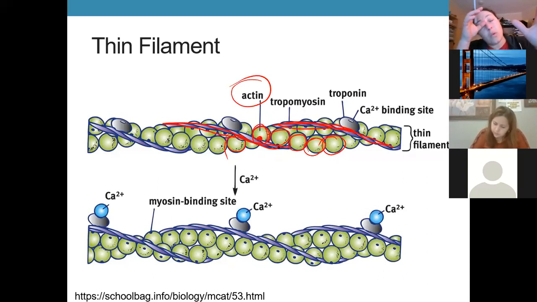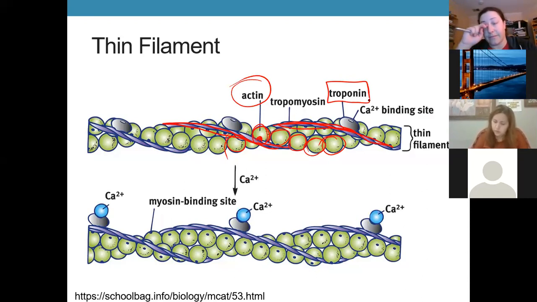Holding tropomyosin in place is troponin. Troponin is the active guy, the guy in charge.